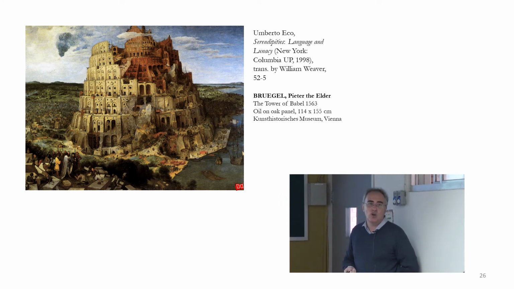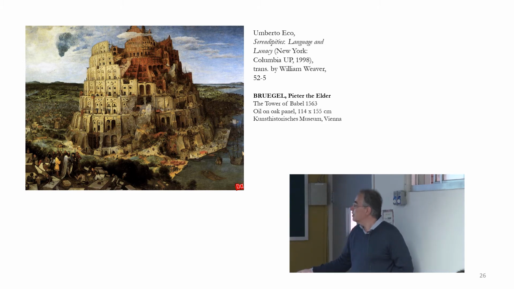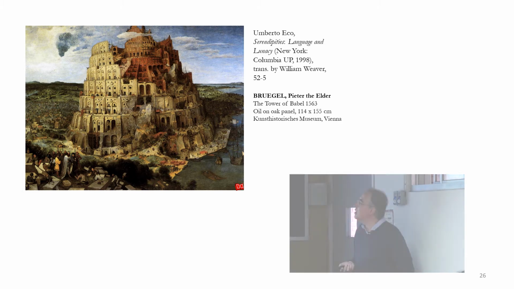It's a text that Eco, as a semiotician and writer, some of you may be familiar with The Name of the Rose, for instance, put together in the 90s, dedicated to issues of language. Hence, this is the cover of the book, an illustration of the Tower of Babel and the problems that language and the multiplicity of language produced in the minds of 17th century Europeans.